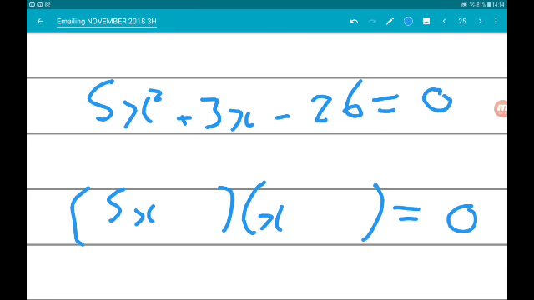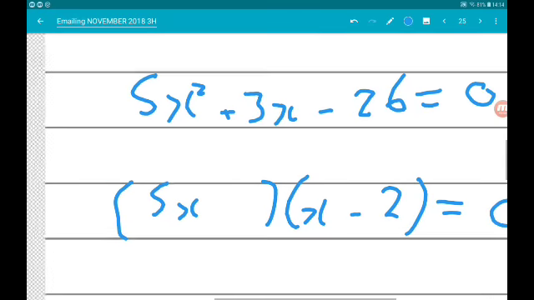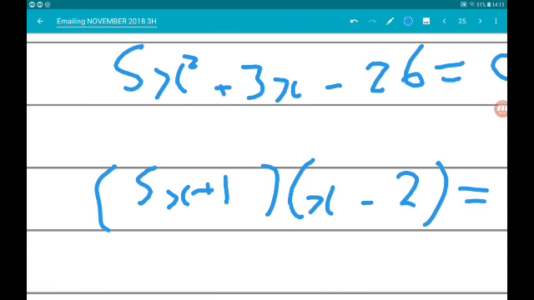Now, we actually know one of the x values, which is a solution. We know that at point A, x is equal to 2. So to get a solution of positive 2, one of our brackets needs to be x minus 2. So that's minus 2 to get the negative 26. The other one has to be plus 13.